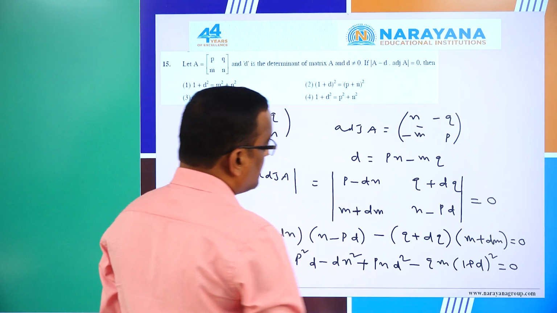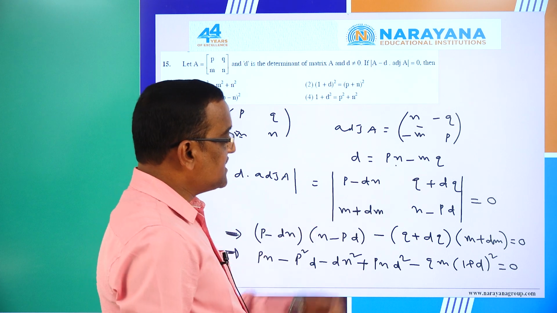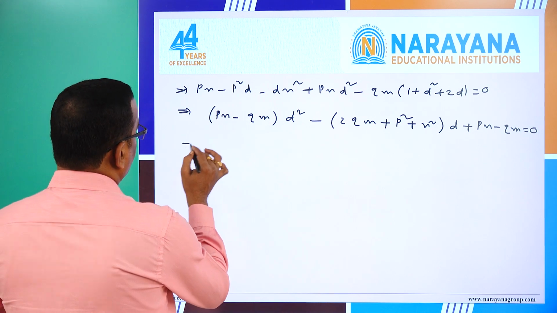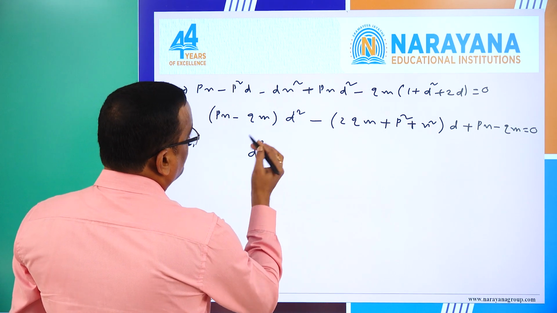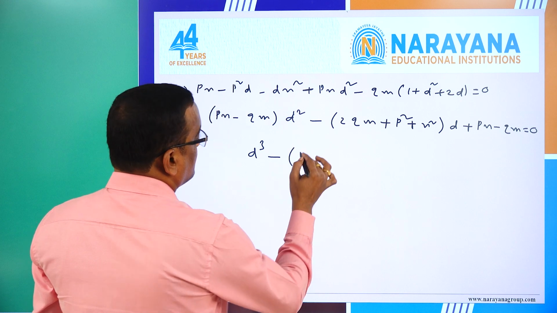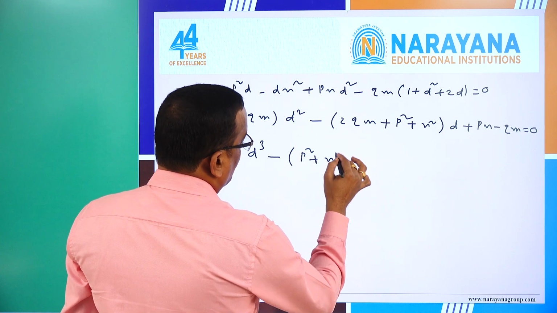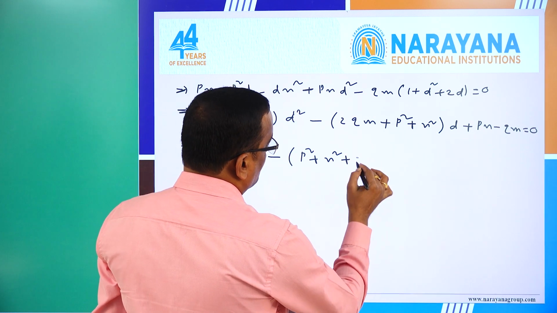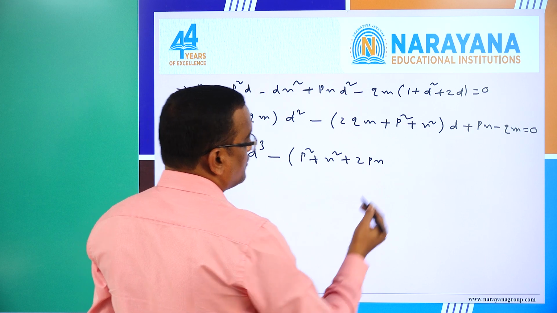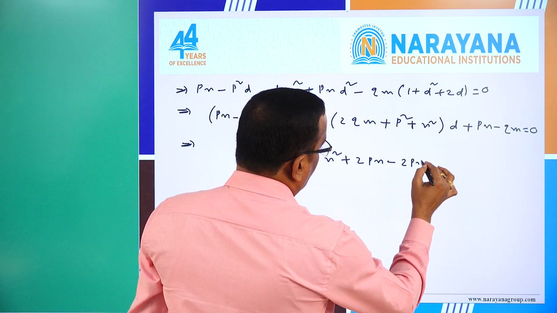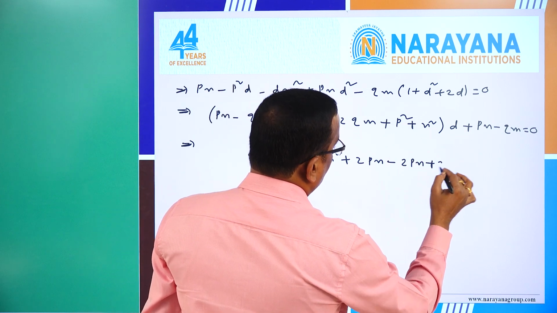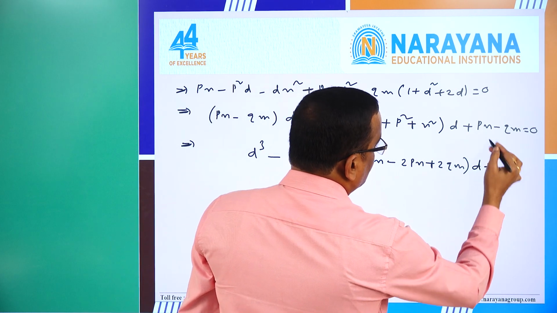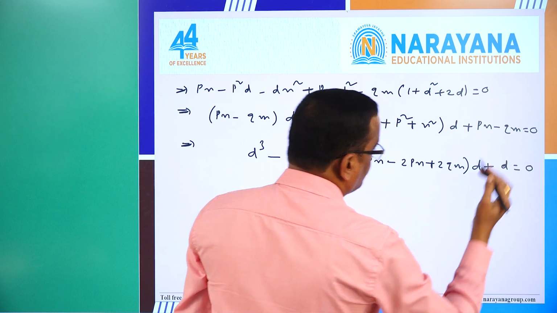And we know Pn minus Qm is d. So just replace Pn minus Qm with d. So it is d cube minus p square plus n square. Here I am adding and subtracting 2Pn so that we get p plus n whole square. 2Pn minus 2Pn plus 2Qm into d, plus Pn minus Qm is also d.